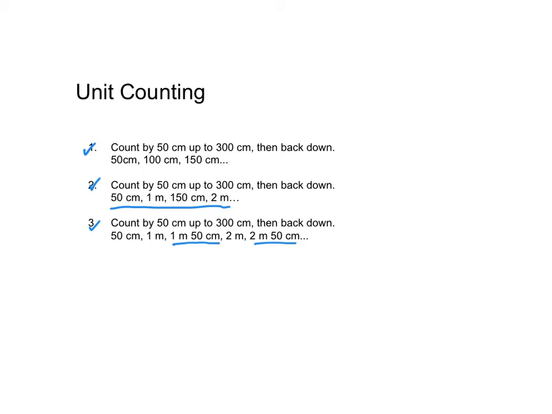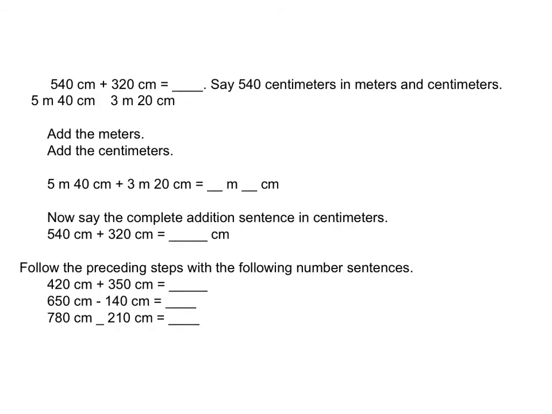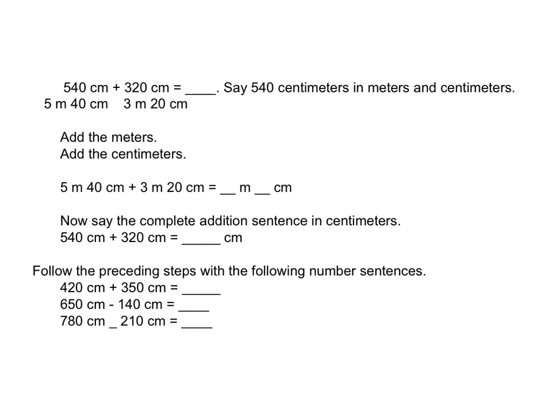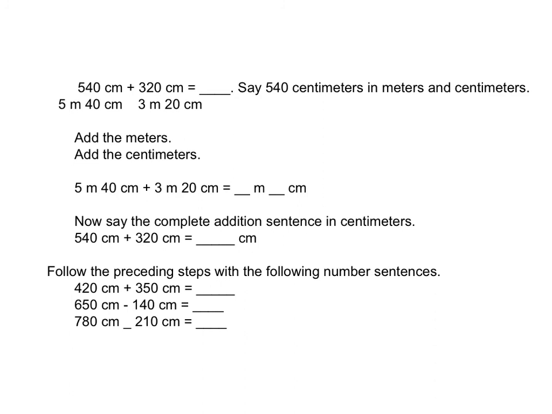Alrighty, good work on that. And finally, we are going to get to the page where we're going to do a little bit more. This should look familiar to you. We did this with our adding and subtracting with place value. And now we're going to take it a little bit into our meters and centimeters. So we're starting off with this number sentence here, 540 centimeters plus 320 centimeters equals blank.